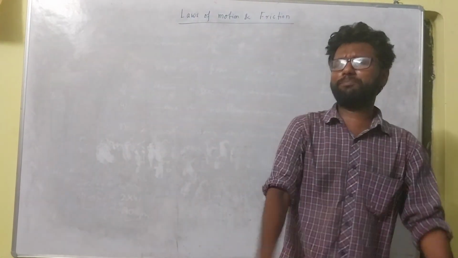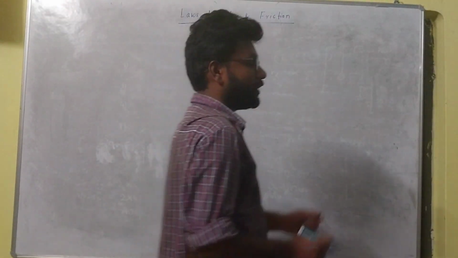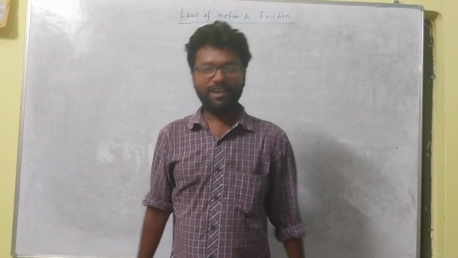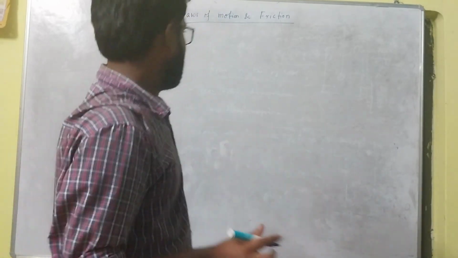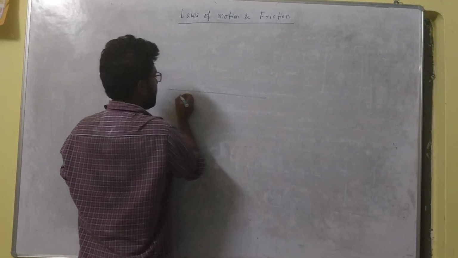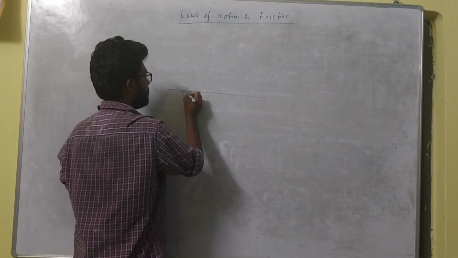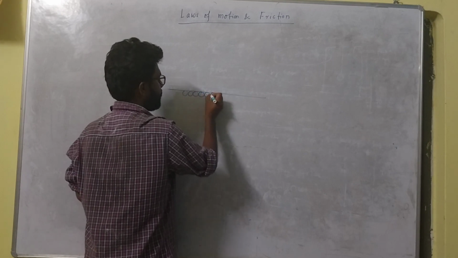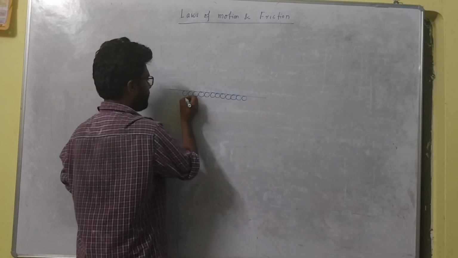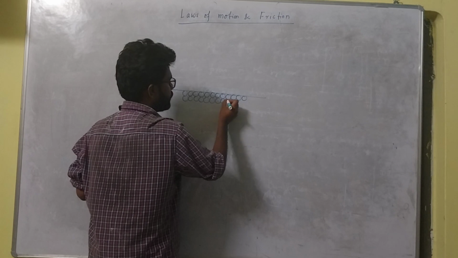A smooth surface means the molecular or atomic arrangement is very smooth. Imagine it's a surface with the atoms of that surface very smoothly arranged.